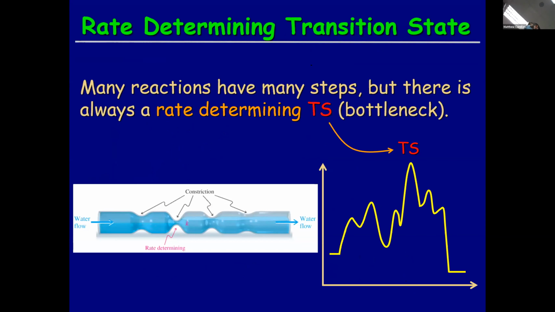Now, normally, a reaction will have a number of steps. So, let's follow here. Okay? Activation energy goes down. This is an intermediate. So any well is an intermediate. So all of these are intermediates that you can get and purify.